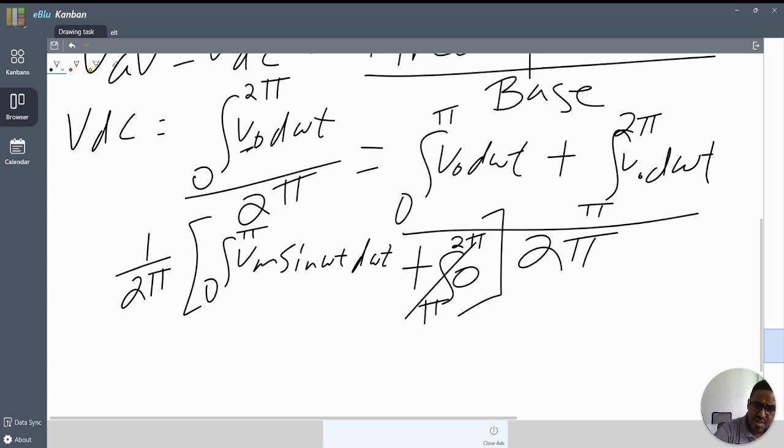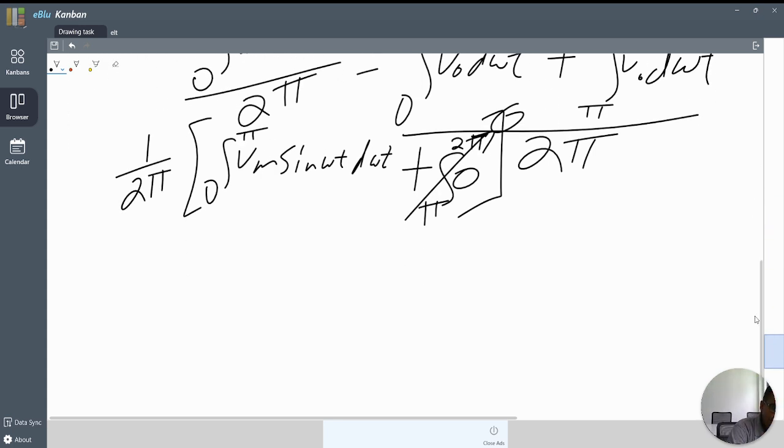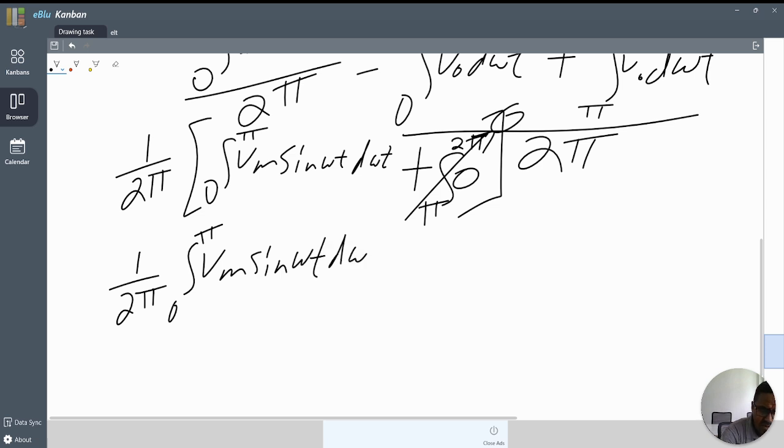So during this, the output becomes 0. It remains 1 over 2 pi integrated from 0 up to pi of V maximum sine omega t d omega t.